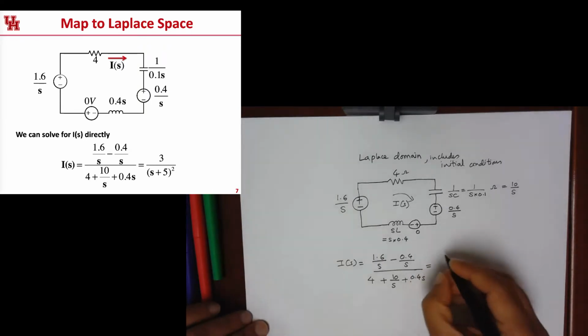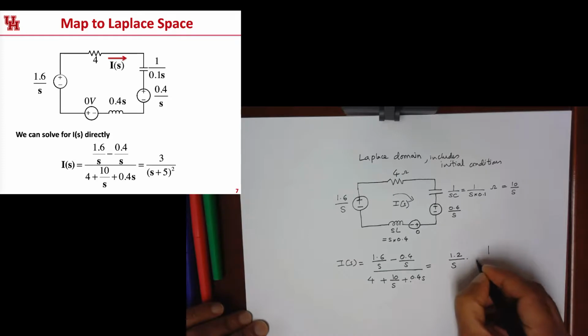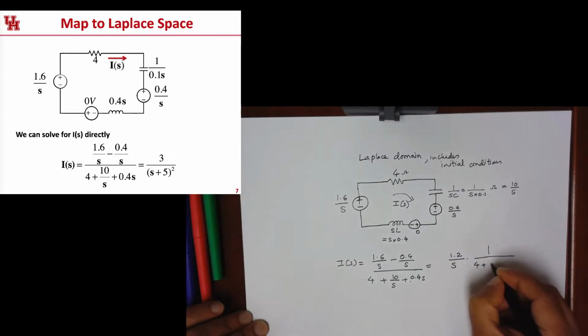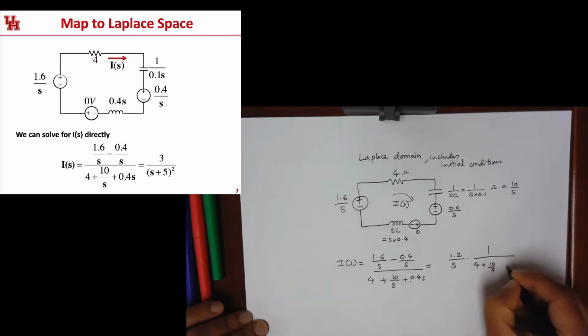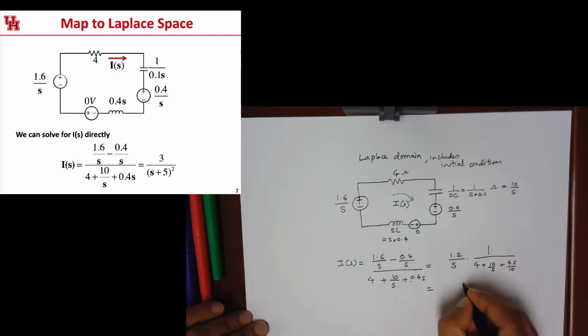So the numerator becomes 1.6 minus 0.4, which is simply 1.2 divided by S. And the denominator is basically 4 plus 10 over S, plus 0.4S, which I can write as 4S squared divided by 10. So this is equal to 1.2 divided by 4S plus 10 plus 4S squared divided by 10.